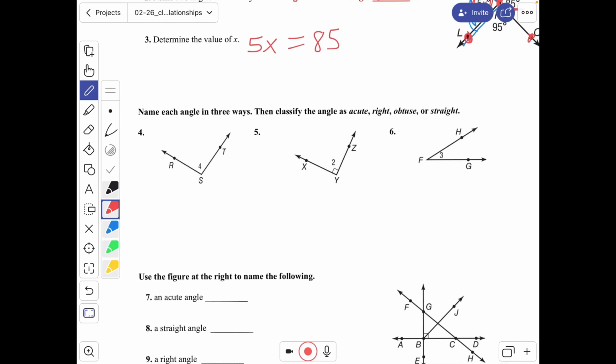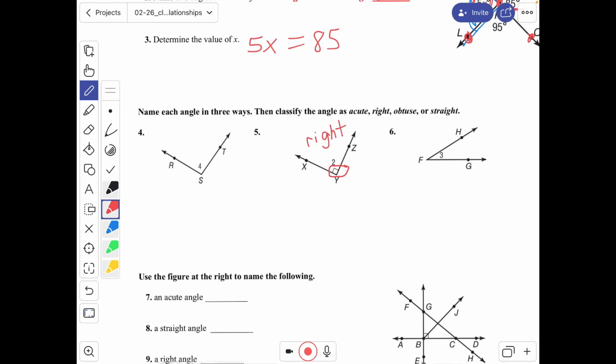Number 4, 5, and 6 says, name each angle in 3 ways. Then classify the angle as acute, right, obtuse, or straight. Use the corner of your paper to identify them, because unless it has this little mark right here, it's not a right angle. If it has a little square in the corner, that means it's right.